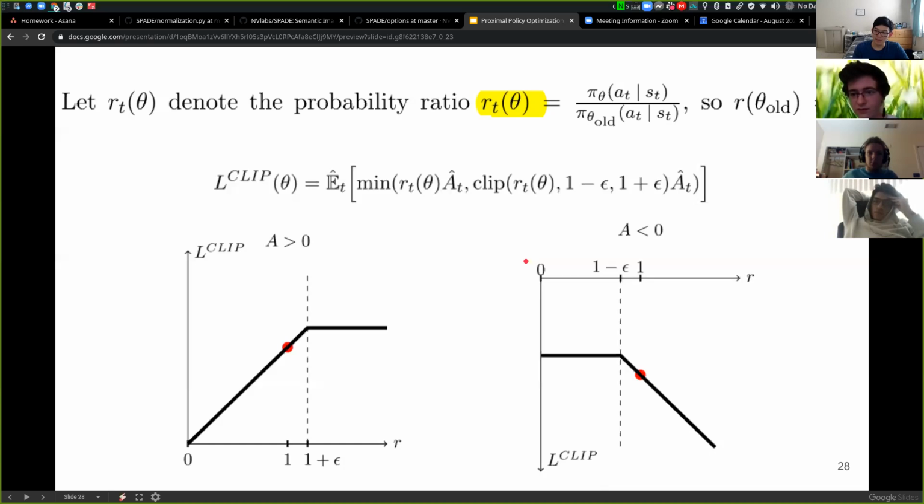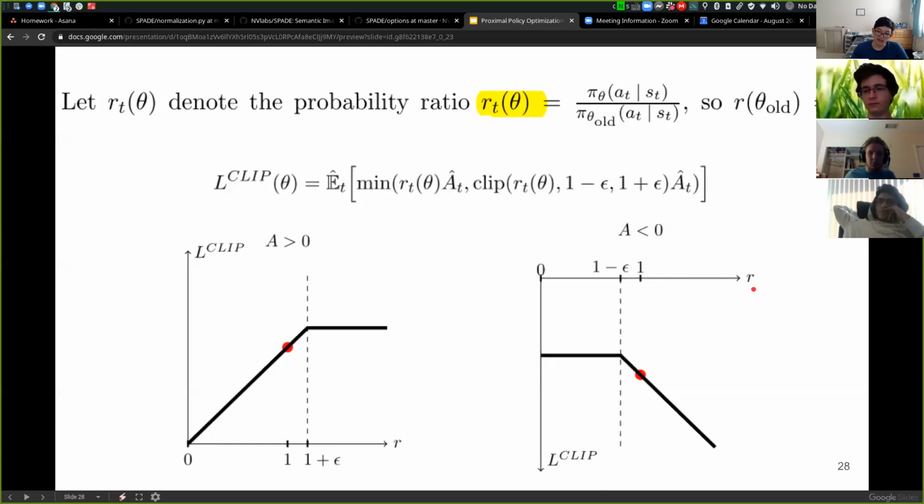Yeah, so let me take a step. This graph on the right hand side is actually kind of tricky for us to understand as well. But let's take a look at the right hand side first. So advantage is negative, so what we did was actually a lot worse than we thought. If R is big, that means we're doing that action more.